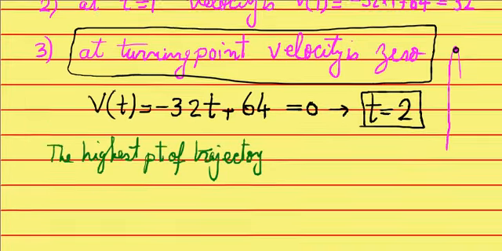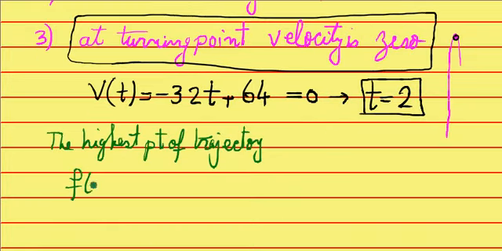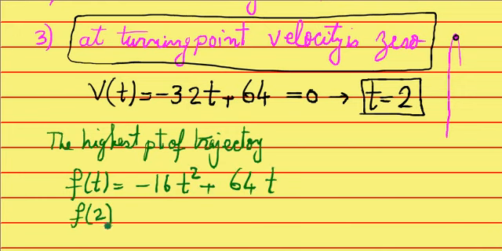So I had f of t is minus 16t squared plus 64t. So f of 2 is equal to minus 16 times 2 squared plus 64 times 2.